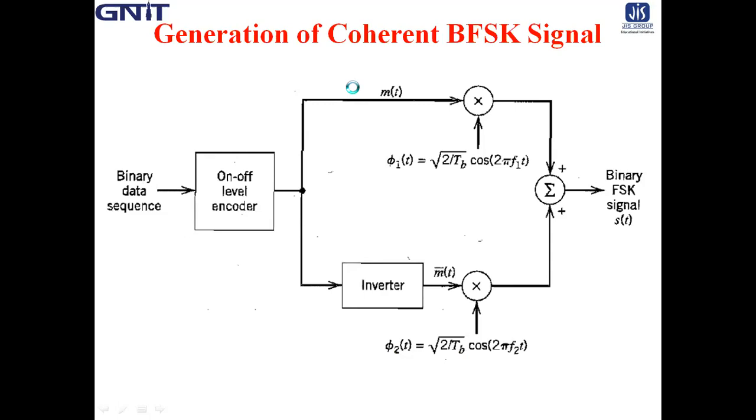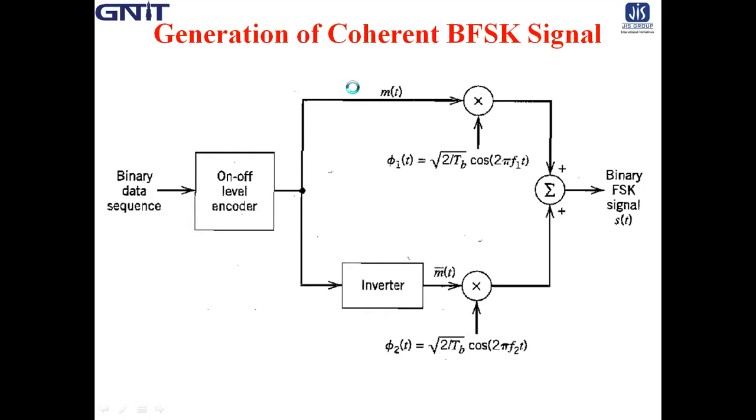The incoming binary data sequence is first applied to an on-off level encoder, at the output of which symbol 1 is represented by a constant amplitude of square root of EB volts, and symbol 0 is represented by 0 volts.